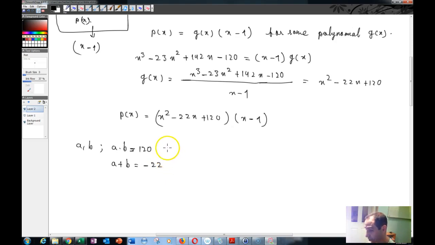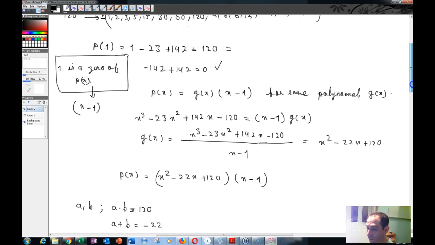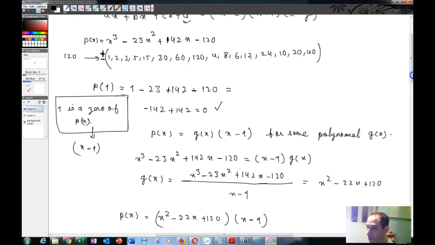So the numbers are, it's a little bit tricky. So you can use the factorization of 120 and negative 22.